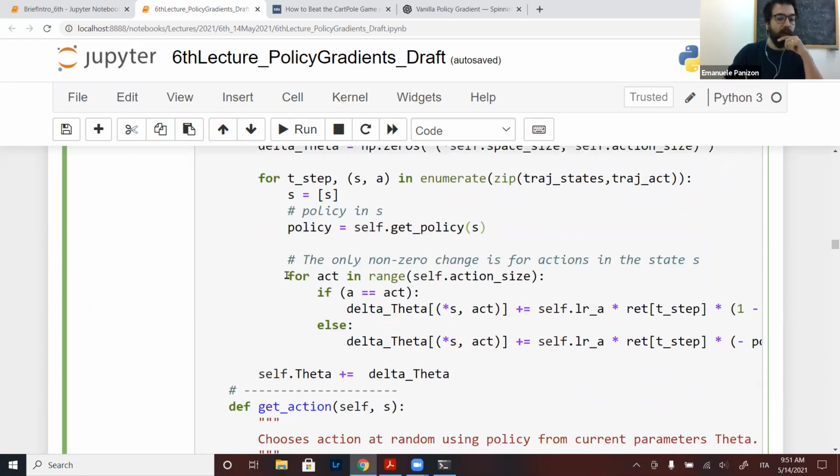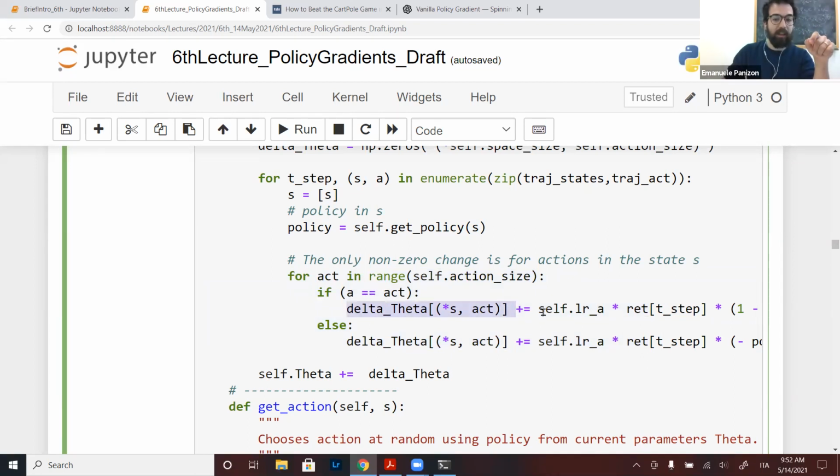And then for all the actions belonging to that state, and only for that state, because as Antonio was saying before, all probabilities of other states are not credited by this action. So this means just that for all the other states, the change is 0. But in that state, all actions will have an update.